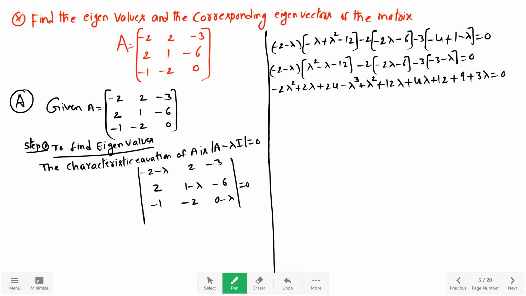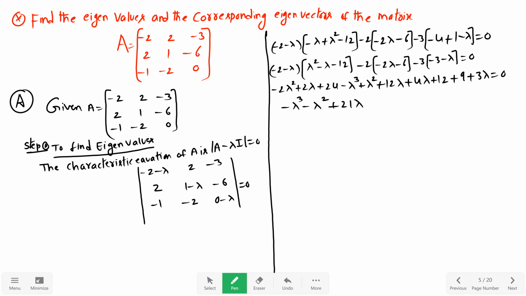First, the highest degree coefficient is minus lambda cube. Then lambda square: minus 2 lambda square plus lambda square, minus lambda square. Then lambdas: 2 lambda plus 12 lambda is 14 lambda, plus 4 lambda is 18 lambda, plus 3 lambda is 21 lambda.